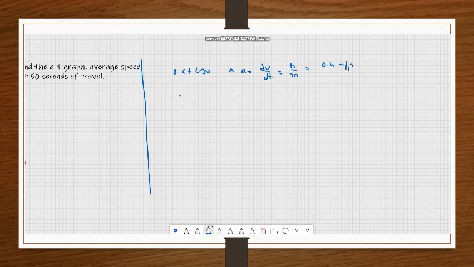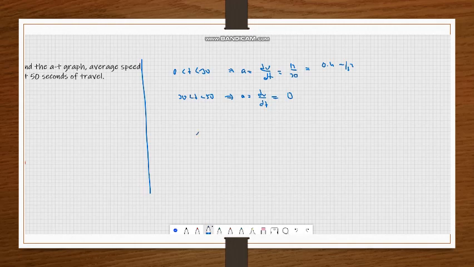And from 30 to 50, acceleration is again the slope of velocity with respect to time, which is a horizontal line, so it's 0. When you take the derivative, it's 0, as is obvious.